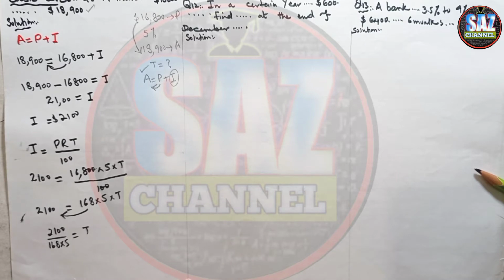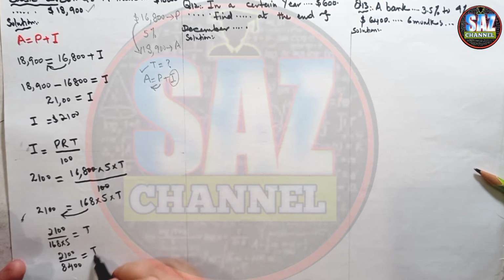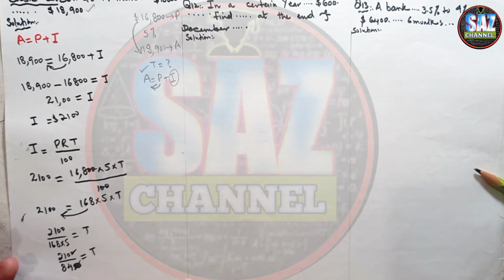168 multiplied by 5 is 840. So time equals 2,100 upon 840. Now remove these two zeros and divide 210 by 84, and this gives t equals 2.5.